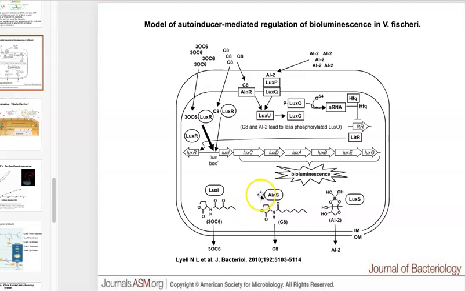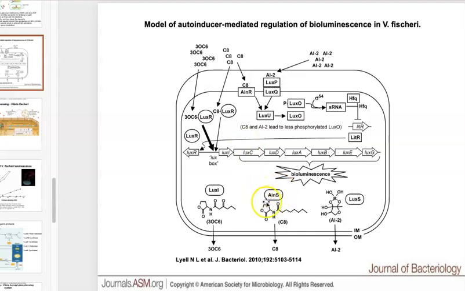Fischeri has another autoinducer synthase called AinS, and that makes a C8 molecule. And then it has a third one, the LuxS one that I already showed you with the boron, that is similar to cholera. And so again, the autoinducer 2 here feeds into the LuxPQ system.